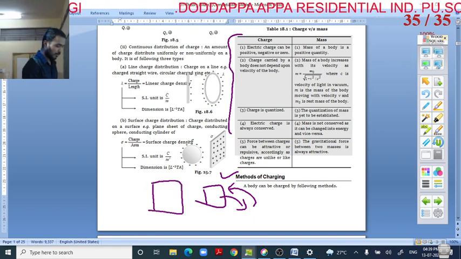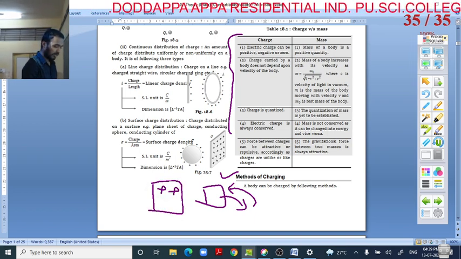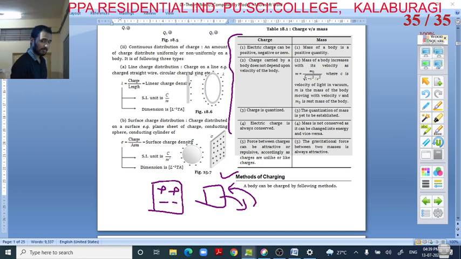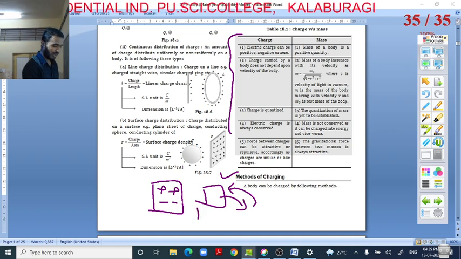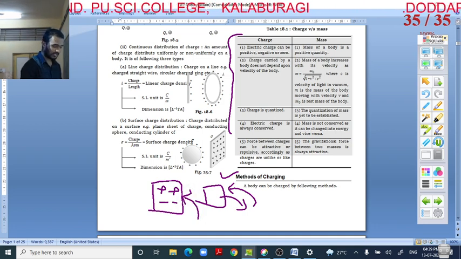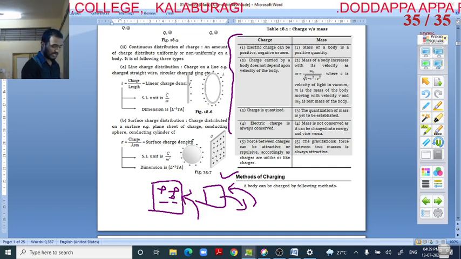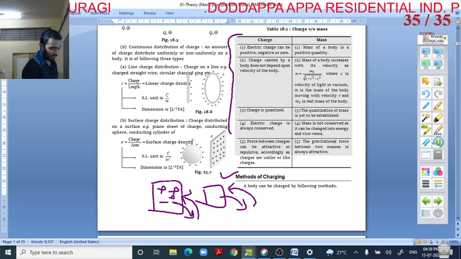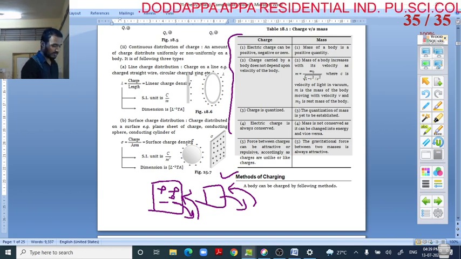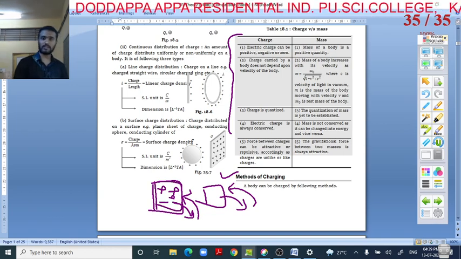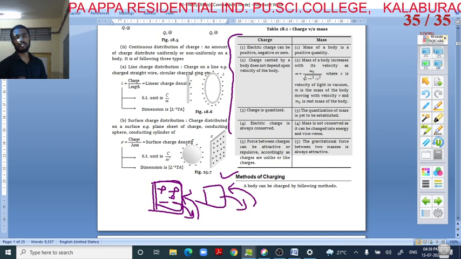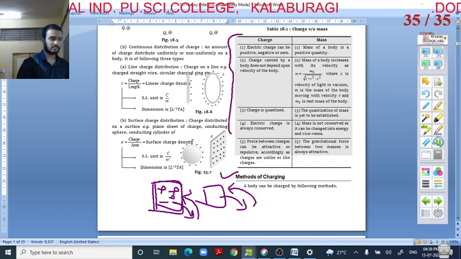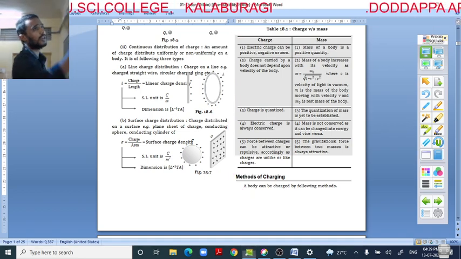Initially the body will have an equal number of positive charges and negative charges. If we add any kind of charge, for example, if I add positive charge, this body becomes positively charged. Or if I remove positive charge, this body becomes negatively charged, due to deficiency of charge.